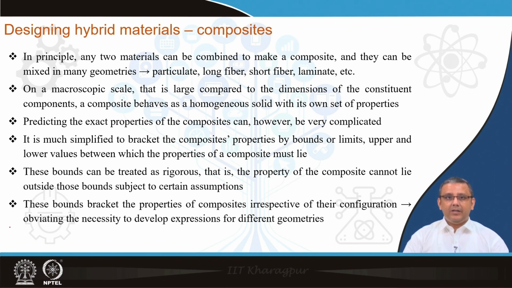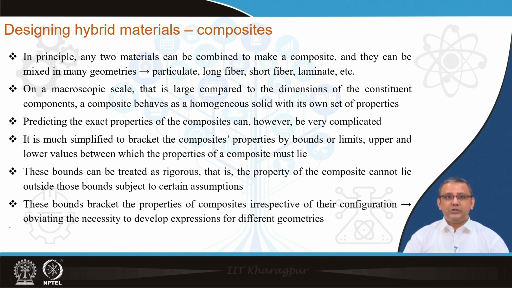There are methods like finite element models which assume some idealistic particle distribution. However, these are all idealistic, and in real scale the real microstructure is much more complicated than the model microstructure. So, a more feasible way is to find out the bounds for the properties.